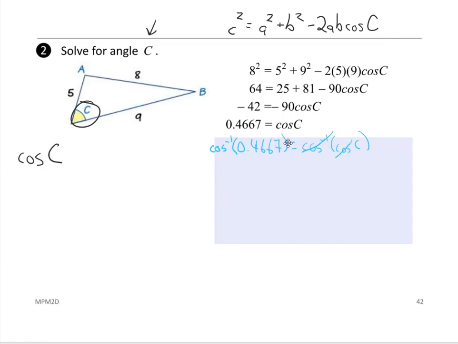So now it's just cos inverse of this decimal is equal to C. And now we can solve for C. If you use your calculator, you should get C equals about 62.2 degrees. And those are the two cases for cosine law. Earlier we saw side angle side. This is just side, side, side.